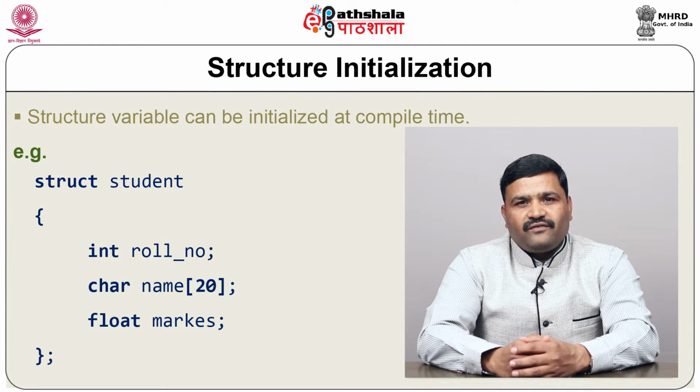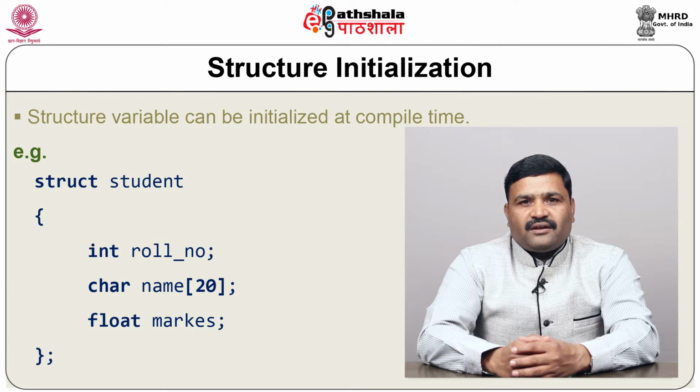There are different fields created under this structure, like student roll number, student name and student marks. Here the structure name is struct student. Under it there are 3 fields: roll number, considered as an integer, name, considered as a character, and marks, considered as an integer.